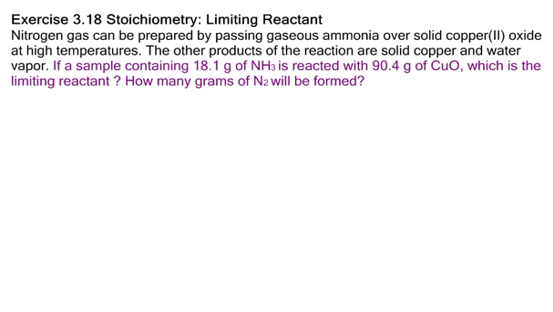Here we have a limiting reactant problem in which we are given the mass of 2 reactants, and we need to determine which is the limiting reactant, and then based on that, because we can only produce as much as our limiting reactant will allow us, we need to figure out how much nitrogen is produced. So once again, we have to always start with a balanced chemical reaction.